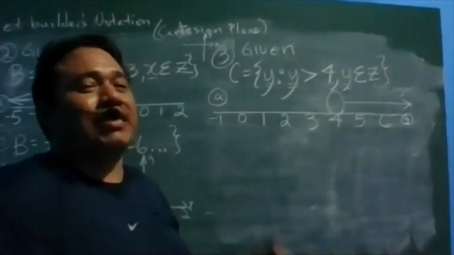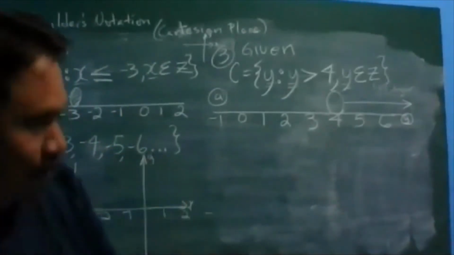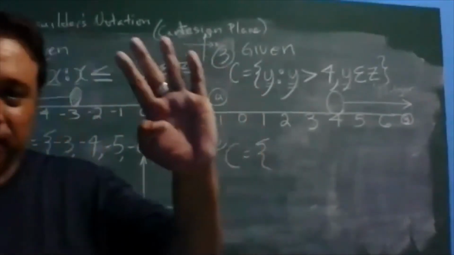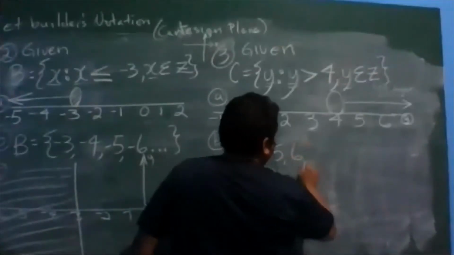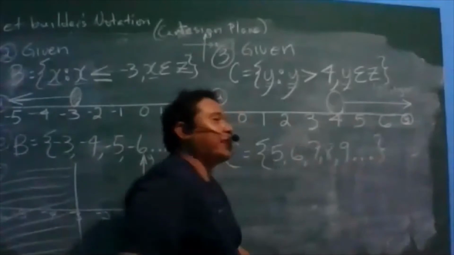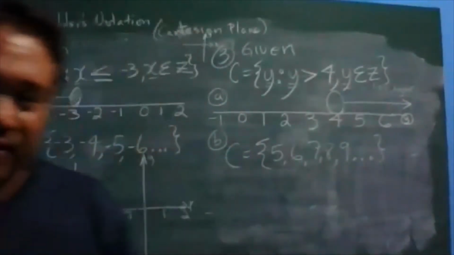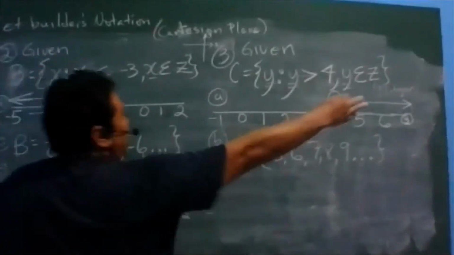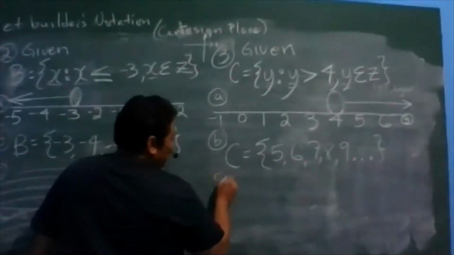Greater than 4 means not including 4. So what numbers are bigger than 4? 5, 6, 7, 8, and so on, etc. Because integers do not come to an end. My board may stop, but the integers don't stop.